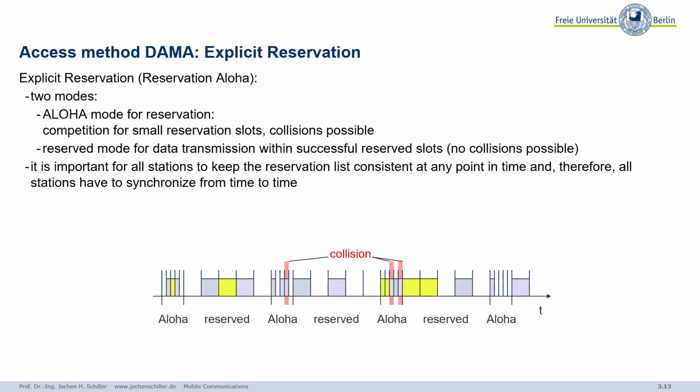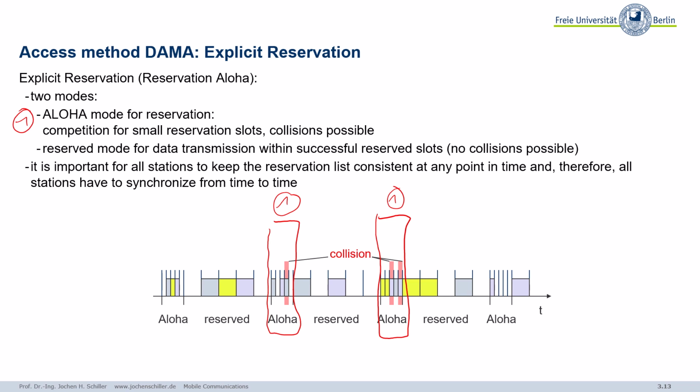All these reservation schemes come in two phases. So first of all, and that's shown here with these tiny slots, we use, for example, an Aloha or slotted Aloha scheme. So that's first mode. First mode is an Aloha scheme. This is exactly where we compete.